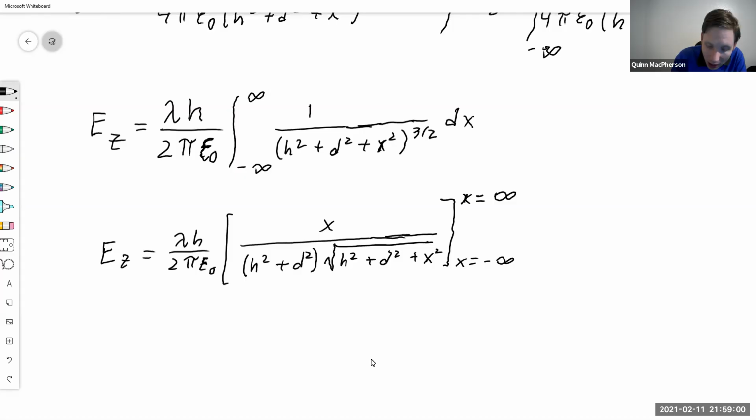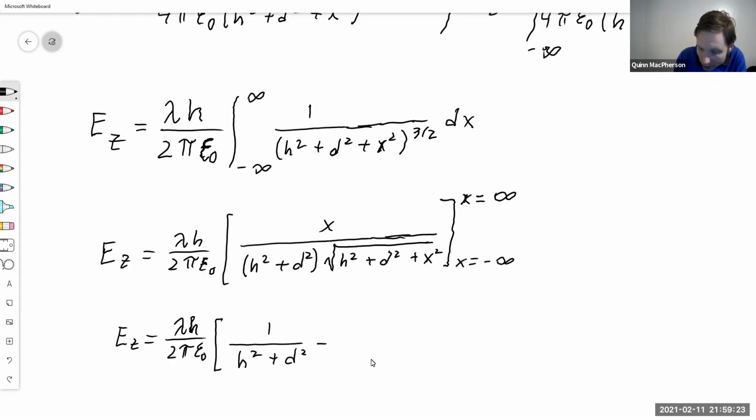So I can rewrite this as Ez is equal to lambda h over 2 pi epsilon naught, times 1 over h squared plus d squared, because the x canceled out, minus 1 over h squared plus d squared, because we had a minus infinity this time.